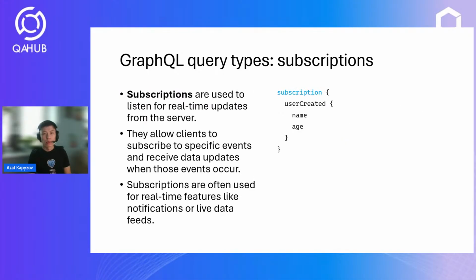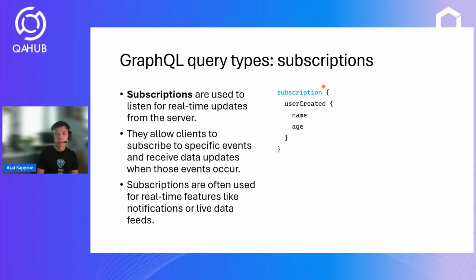And the third type of GraphQL queries is subscription. Subscriptions are used to listen for real-time updates from the server, and they allow clients to subscribe to specific events and receive data updates when those events occur. Subscriptions are often used for real-time features like notifications or live data feeds. The query is pretty simple.